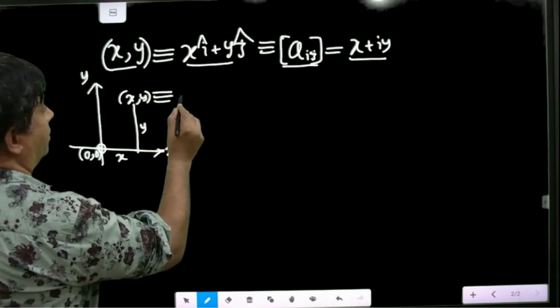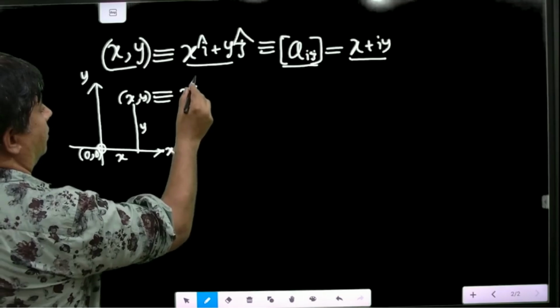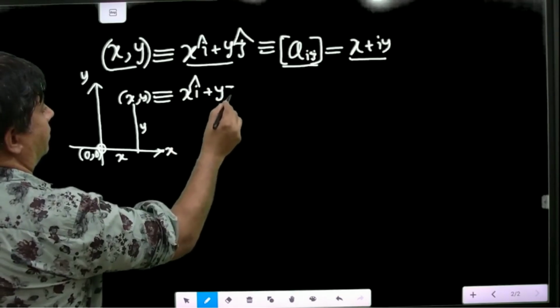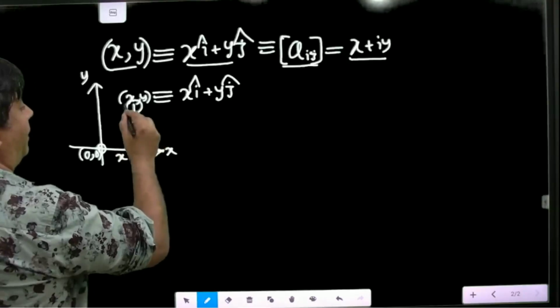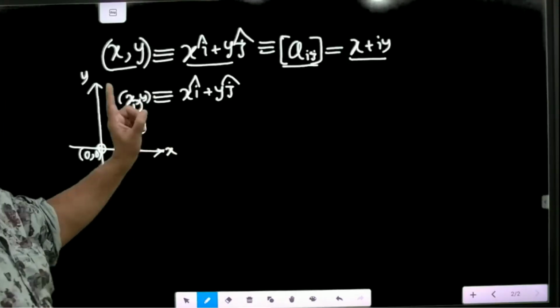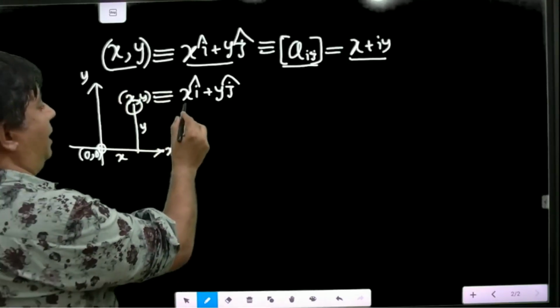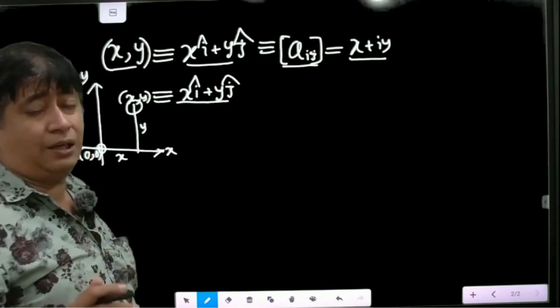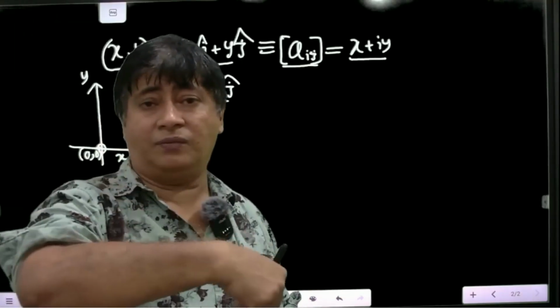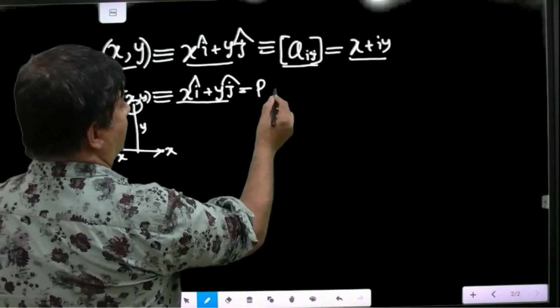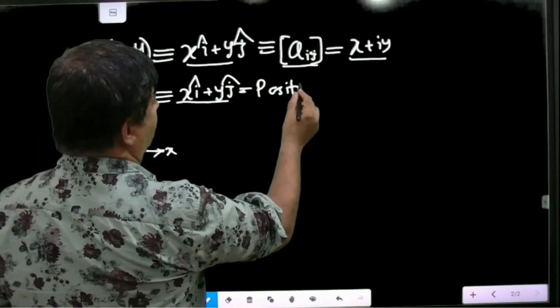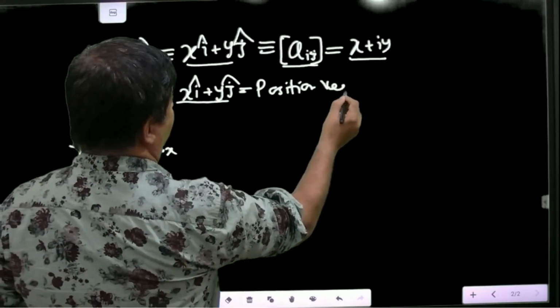See, it is called position vector. Vector will be measured with respect to origin. So it is called position vector.